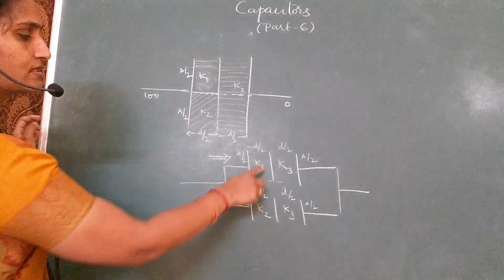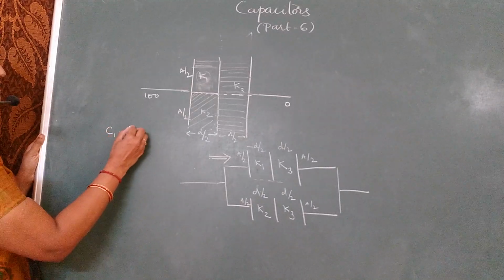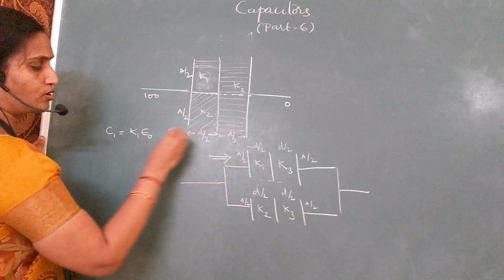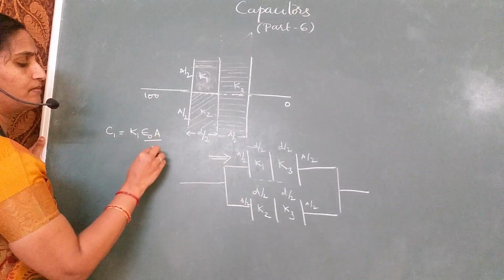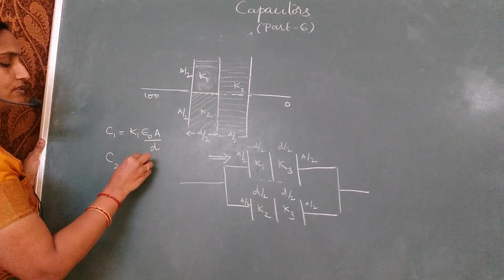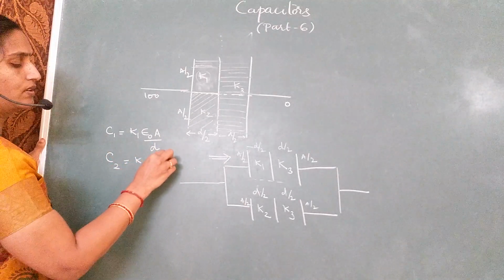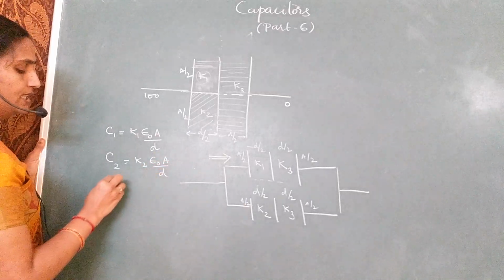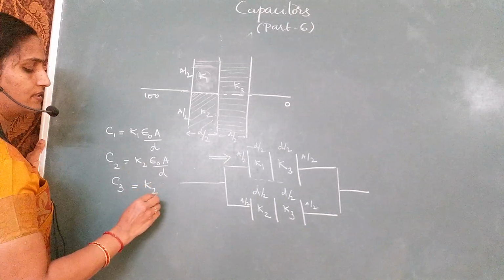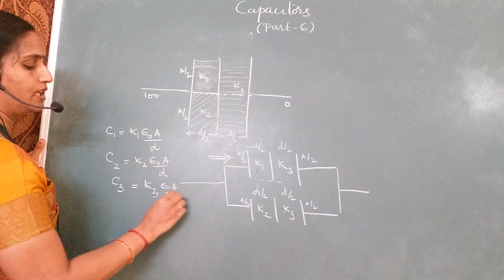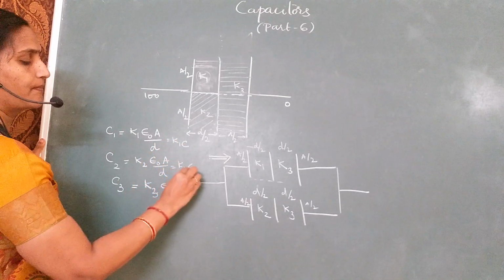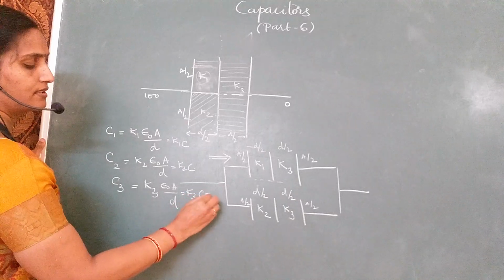So write down what C1 is equal to: K1 epsilon naught, area also became half, distance also has become half, A by 2 by D by 2, and it will remain as epsilon naught A by D. Similarly, C2 is K2 epsilon naught A by D. And C3, for this one I am calling it C3, K3 epsilon naught A by D. If I write it as K1C, this is K2C and this is K3C.